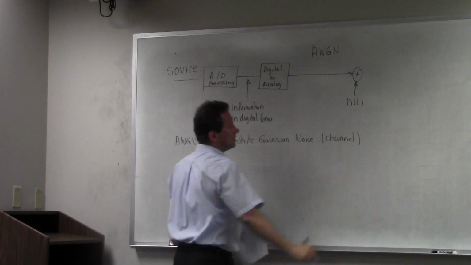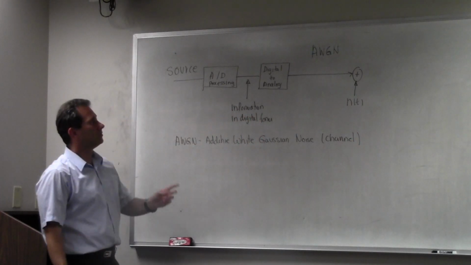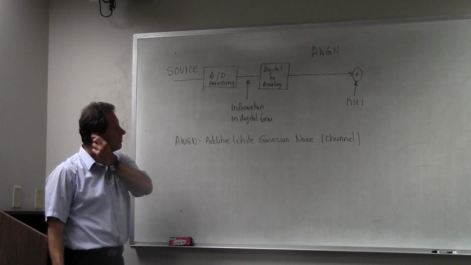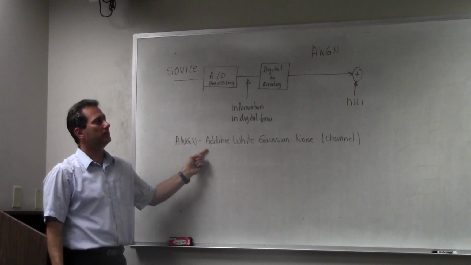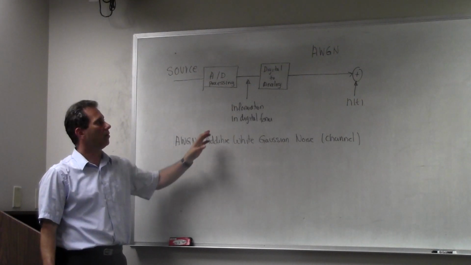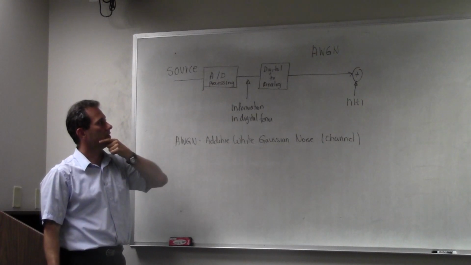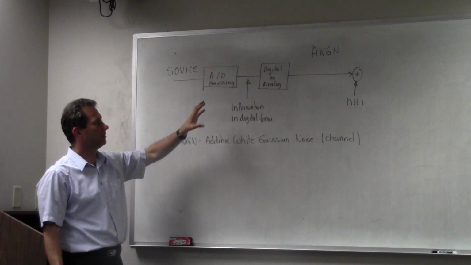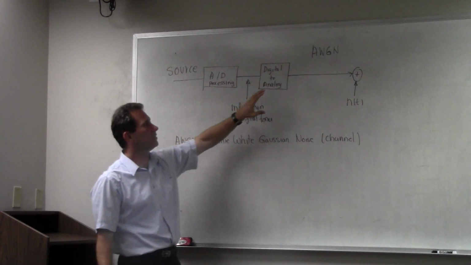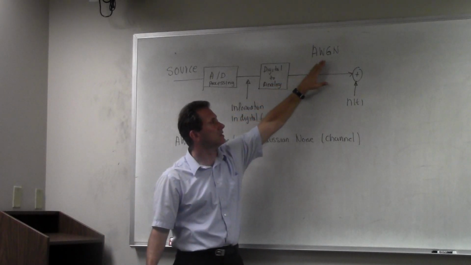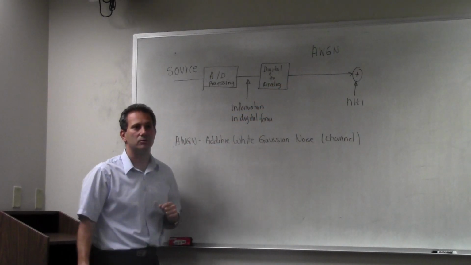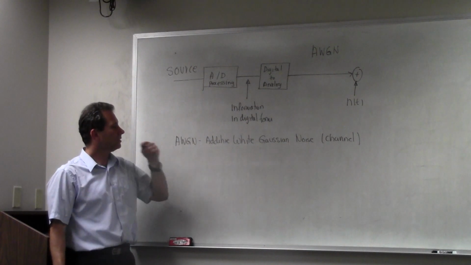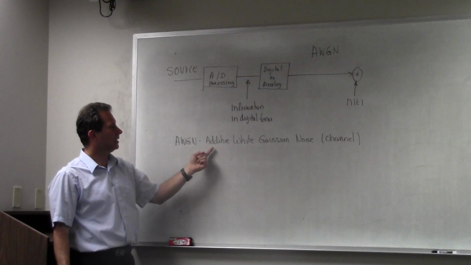Now, this AWGN tends to travel as a pack, but every one of these has a distinct meaning that is not necessarily always associated with this channel. Every one of these is an independent attribute of a channel. Let's look at what these attributes mean.